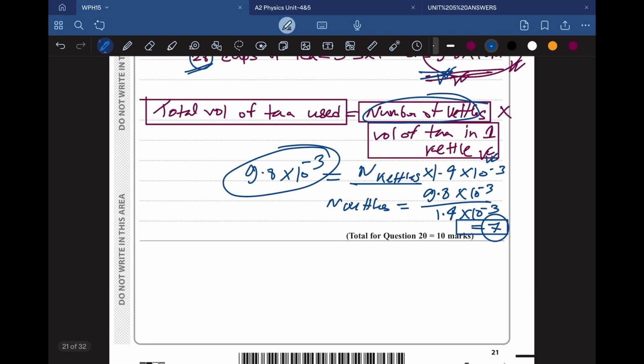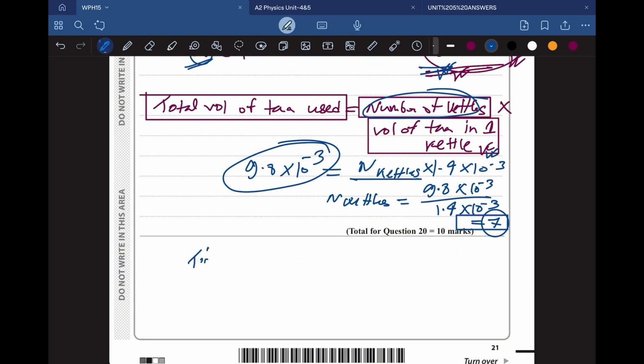So the time the kettle is switched on will be equal to 7 into 180. This will give us a value of 1260 seconds.